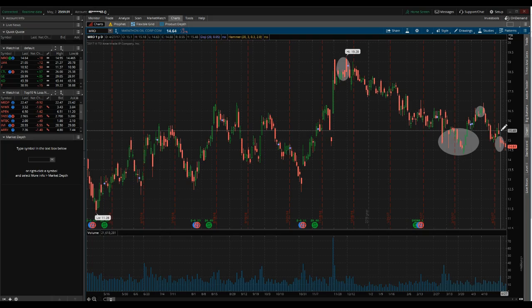But what a cash secured put does for you is it allows you to write a put at a certain price with a certain expiration date and collect a premium for doing so. Your goal would obviously be for the stock to not hit that price so you collect the premium and you don't have to put up any money.